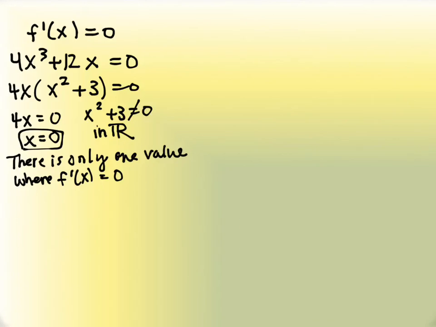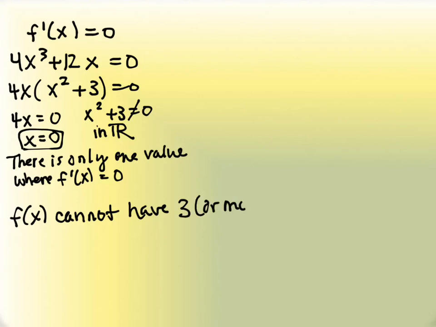So let me write this down in a little bit different order so that we can follow it going forward. f of x cannot have 3 or more x-intercepts. And you might say, why?